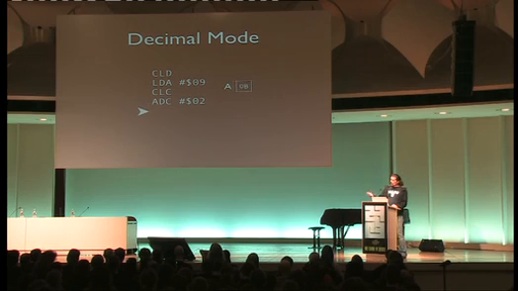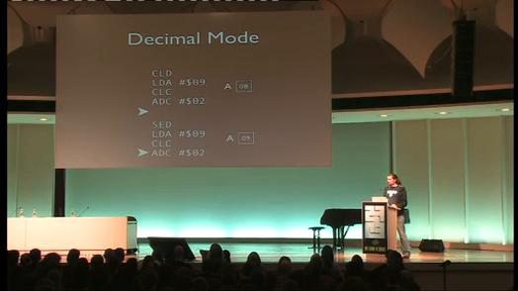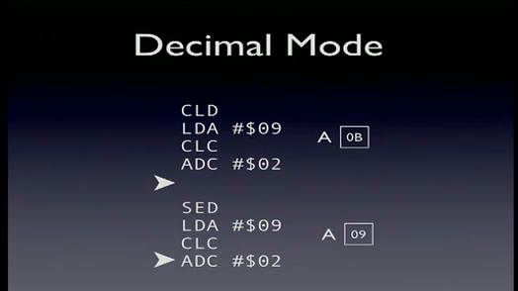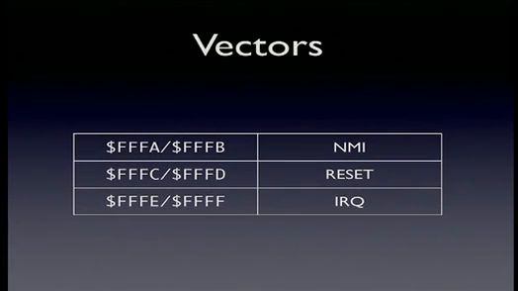So in a normal case, if you add 2 to 9, you would get B, hexadecimal B, but if you have decimal mode turned on, then without this being any slow or anything, you will get a result of 11, which is hex 11, which is, I mean, wrong in the binary sense, but from a decimal perspective, this would be the correct answer. So this was all the user mode kind of view.